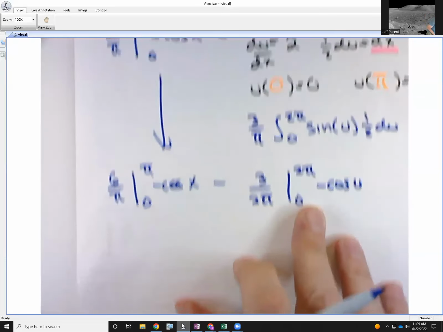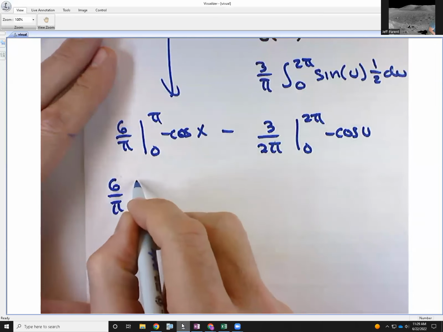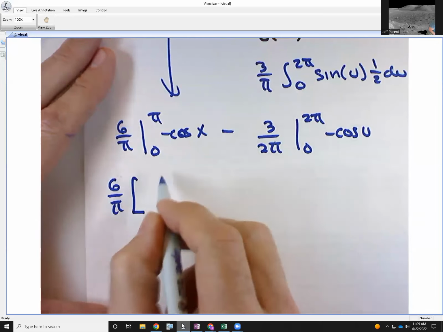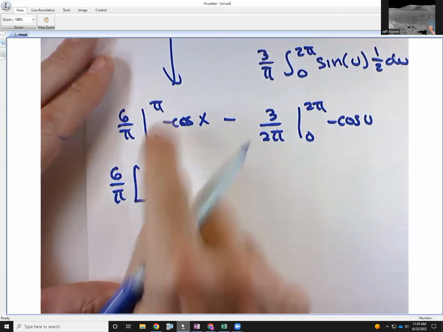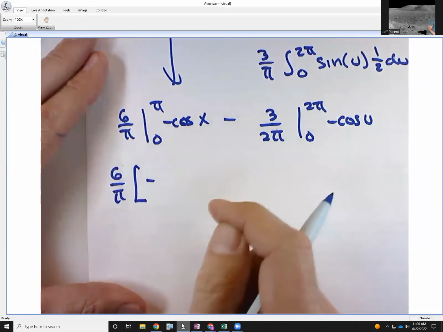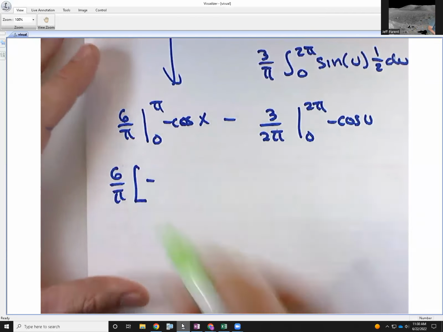All right, let's keep going. That's going to be 6 over pi times negative cosine. I wish I would have factored out the negative. Let's factor out that negative.